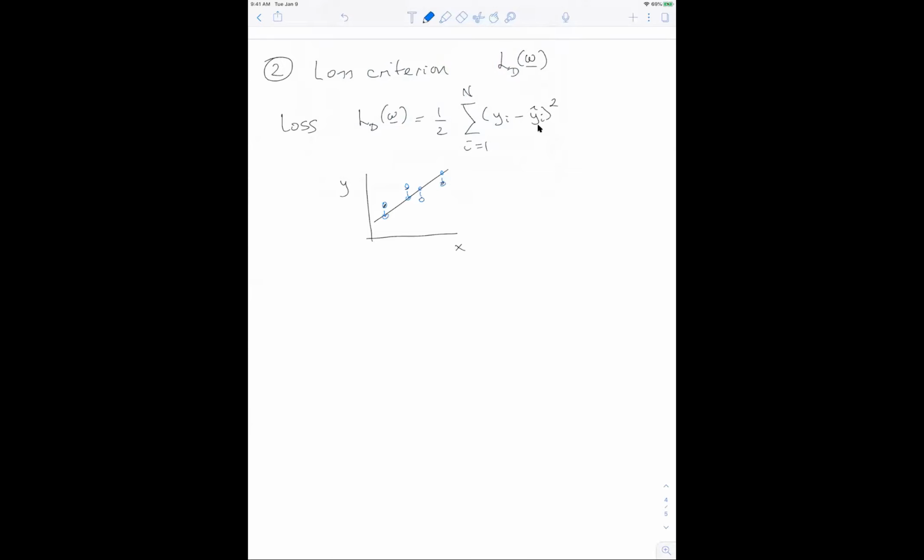The y-hats live on the line that I fit, and those distances are the errors that we square and add up. And those things go by the name residual.